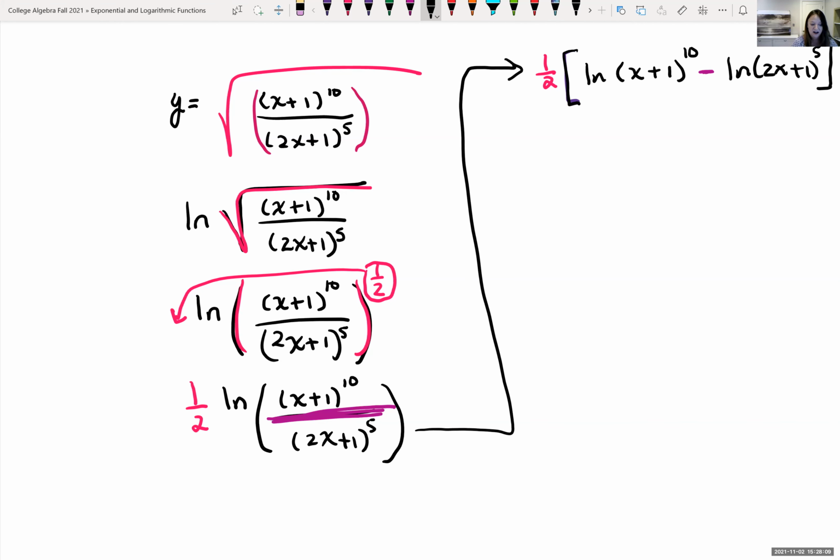So we're almost there. Now I can take my powers and we can bring them down. And so we have 1/2 all times 10 times the natural log of x plus 1, minus, we can bring the 5 down, 5 times the natural log of 2x plus 1.